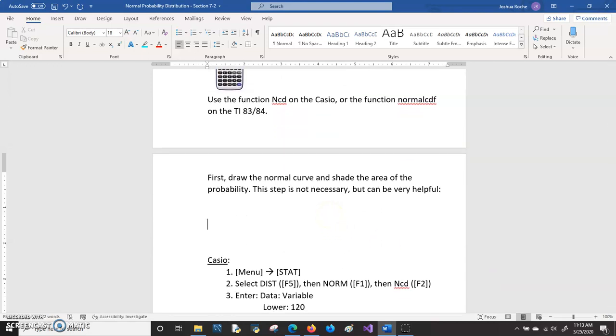It always helps to draw out the curve. 120 is somewhere down here. 180 is somewhere way up here.